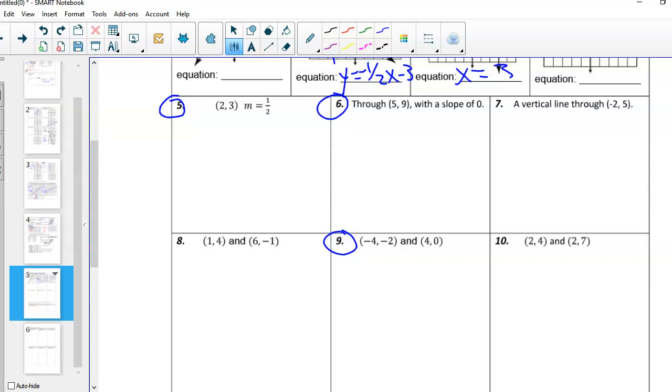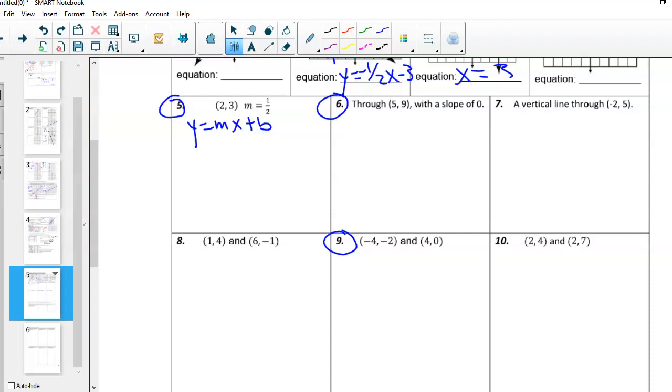If you're given 1 point in an ordered pair and your slope, what are we missing? In our equation, y equals mx plus b, what are we missing? The y-intercept. So we need to find our b.